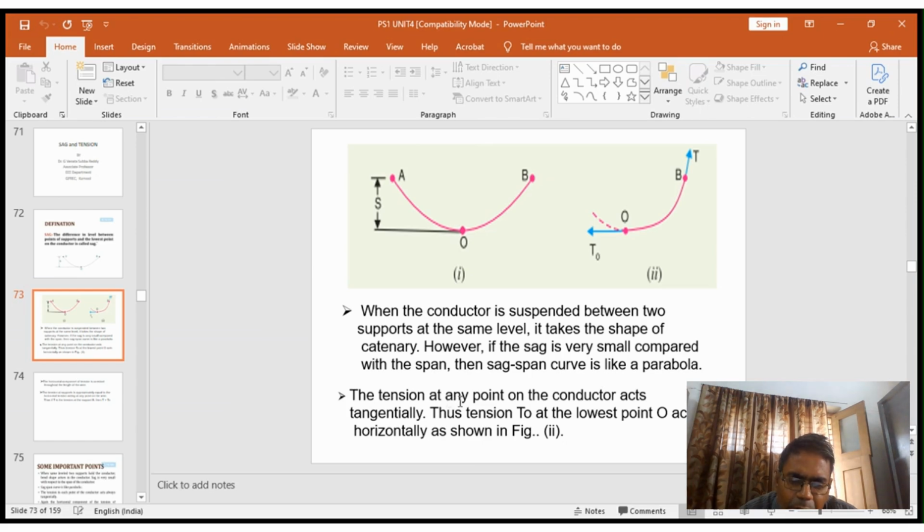The tension at any point on the conductor acts tangentially. The tension T naught at the lowest point O acts horizontally, as shown in figure 2.